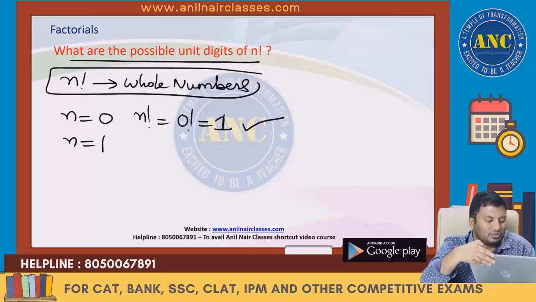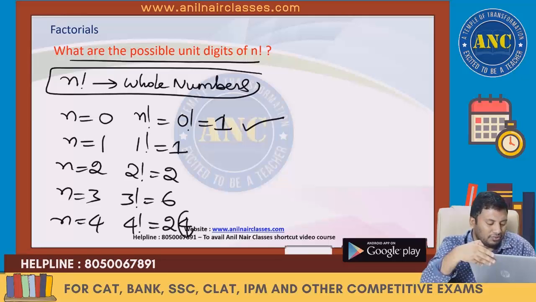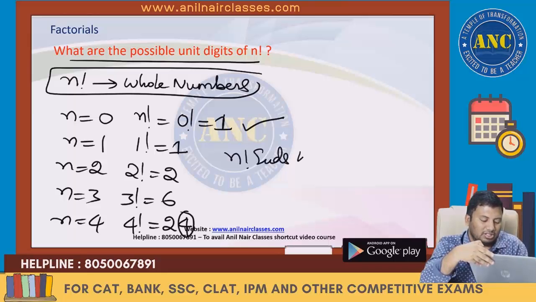If n is 1, 1 factorial is 1. If n is 2, 2 factorial is 2. If n is 3, 3 factorial is 6. If n is 4, 4 factorial is 24, which ends in 4.